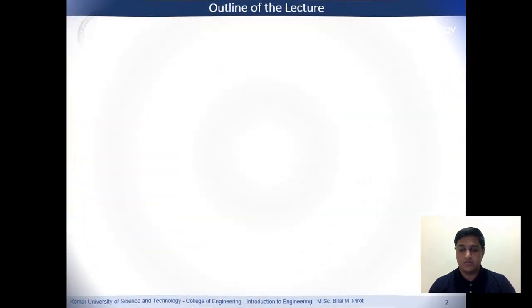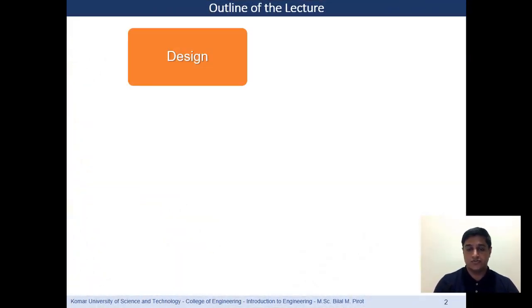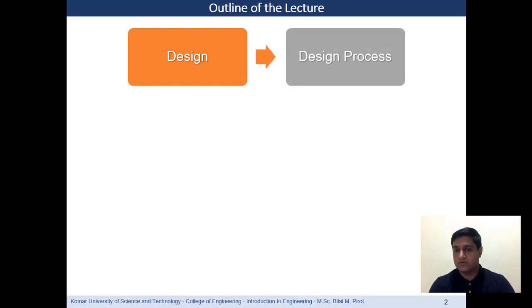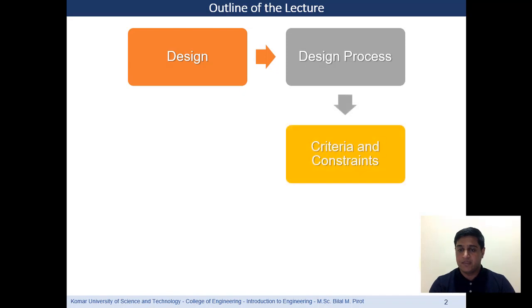For today's lecture, we will have some minor topics to dive into the topic. First of all, we will talk about design. What is design? And then we will talk about the process of designing something, the steps of designing something. Then we will talk about the criteria and constraints.